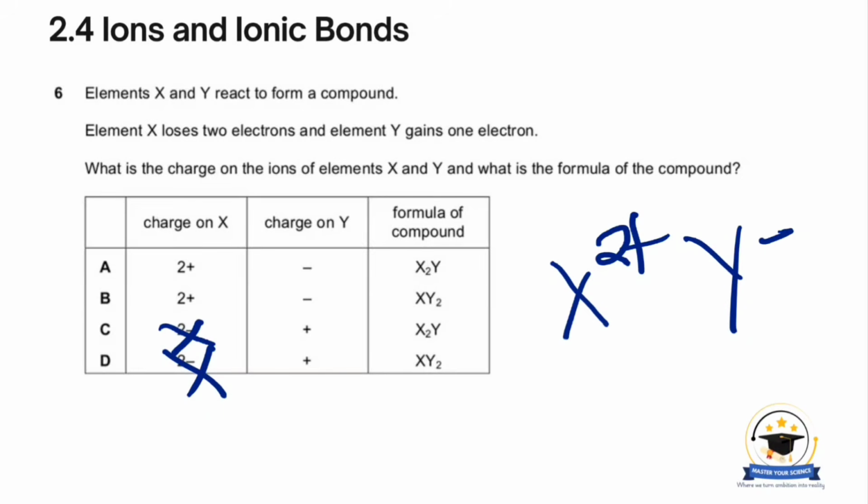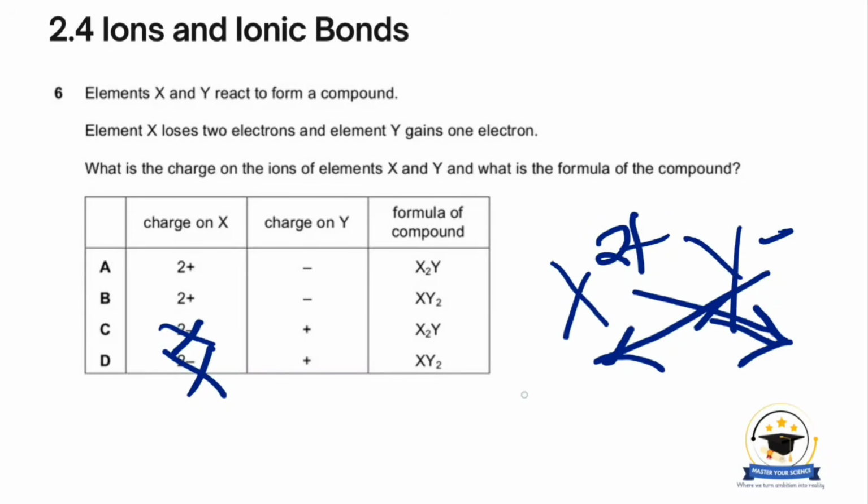And now that we've got our charges, a shortcut to getting the formula of the compound that forms between these two is this: the 1 comes to your X, the 2 goes to your Y. Basically, we're saying if you've got 1 Y, which is a negative charge, and an X, which is 2 plus, so if X is losing 2 electrons and Y is only gaining 1 electron, it means we need 2 of Y compared to X. So they should be in a ratio of 2Y to 1X.